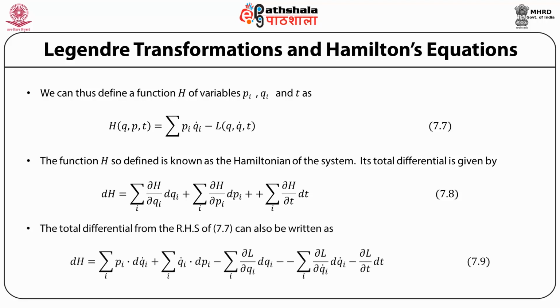Now the total differential of the right hand side is sigma p_i into dq_i dot plus q_i dot into dp_i, minus dL by dq_i dq_i, minus the partial derivative of L with respect to q_i dot dq_i dot, minus dL by dt dt, where L is a function of the generalized coordinates, generalized velocities and the time t.